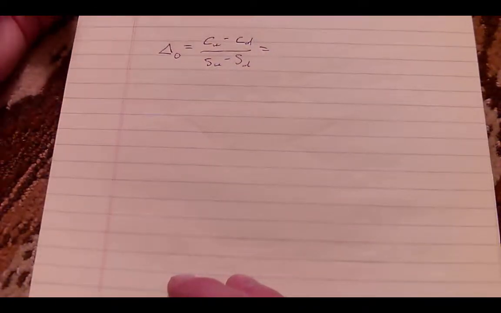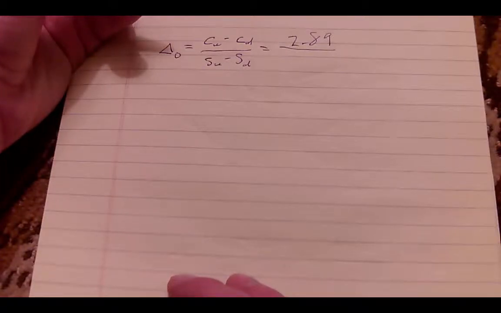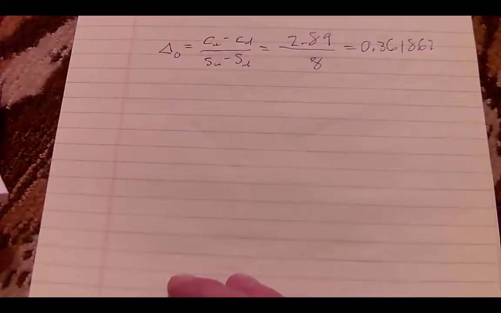Delta 0 is C up minus C down over S up minus S down, which is 2.89 divided by S up minus S down, 34 minus 26, which is of course 8. That gives us 0.361862 if I don't round off at all.